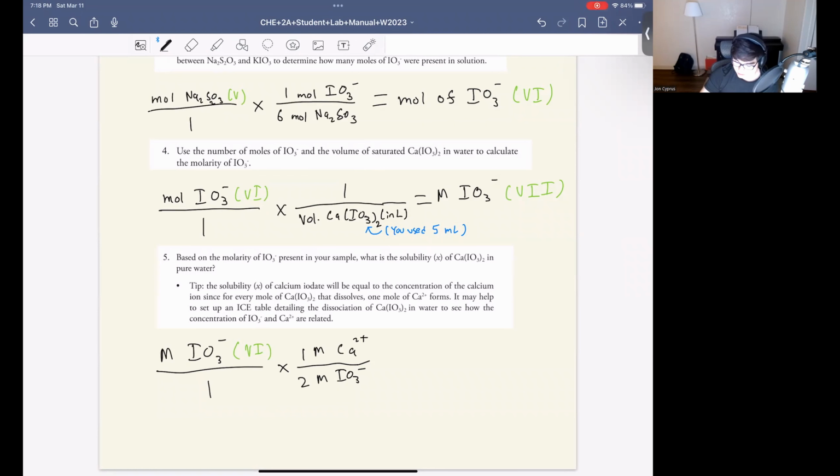So if you want the concentration of calcium, you can just go ahead and divide this by 2. Oops, got that backwards. Molarity of calcium. And then you're good. This is going to be number 8. So you'll have an actual number here.